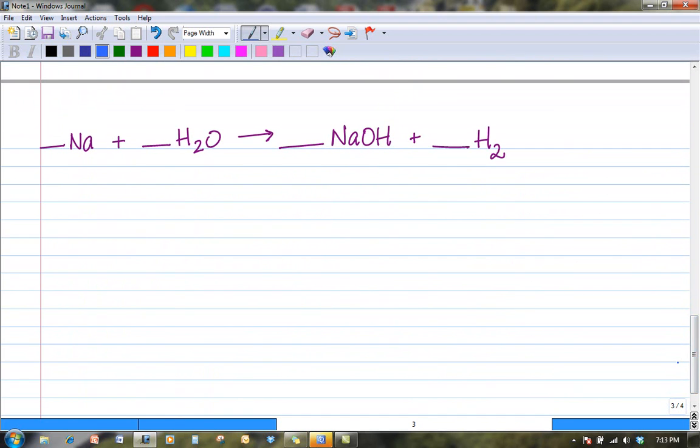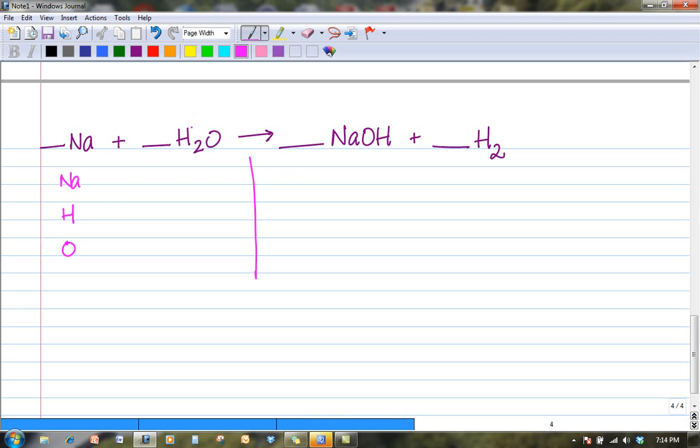And this is the last example that I'm going to do for you tonight. And this one is a little bit tricky, but it involves a trick to kind of help you. So you're going to solve it in the same fashion. Go ahead and list the elements that you have.